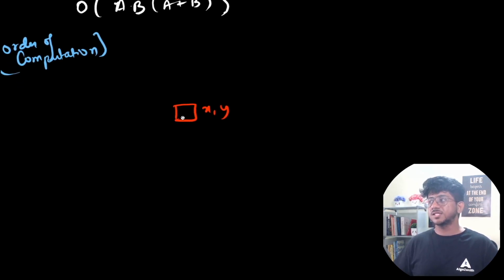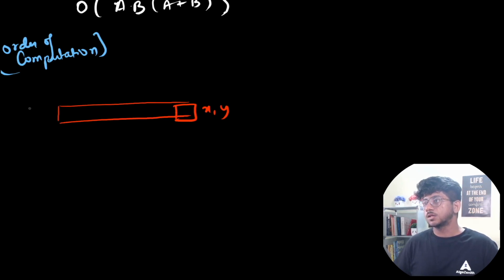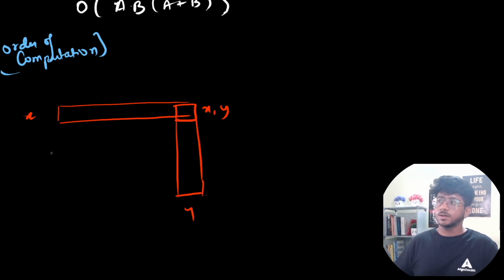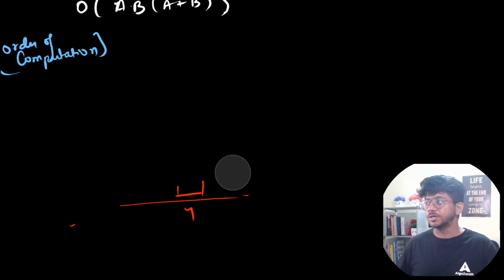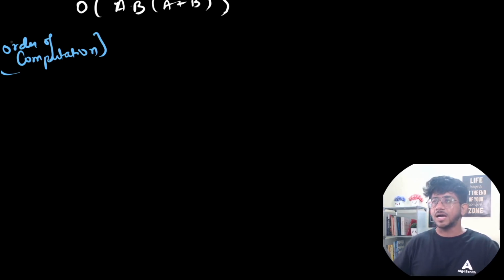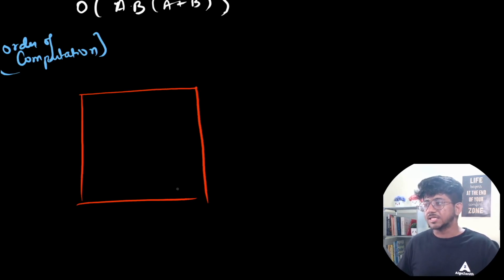Let's say this is the row x and this is the column y, and this is the 0 comma 0 cell of the dp matrix that we're going to create. Though in general we draw matrices in an inverted way, you can think of it this way as well. Let's say this is the 0th row, this is the 0th column, and this is the cell x comma y.